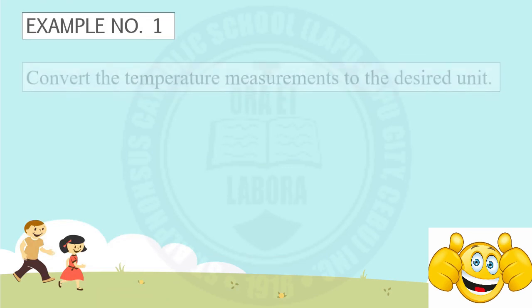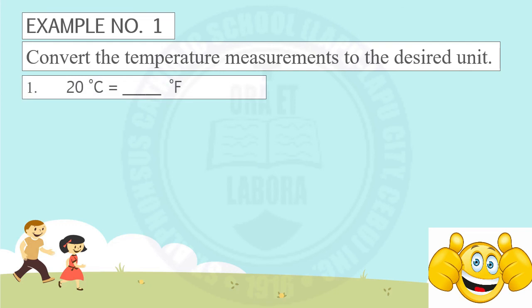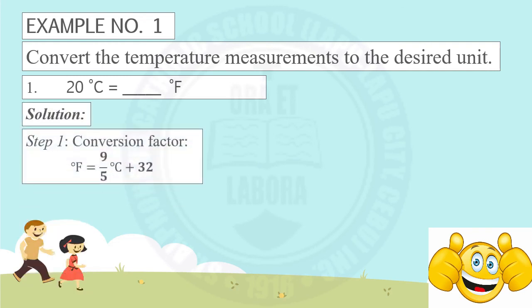Example number 1. Convert the temperature measurements to the desired unit. 20 degrees Celsius in Fahrenheit, or how many Fahrenheit? What is the conversion of 20 degrees Celsius to Fahrenheit? Conversion factor.